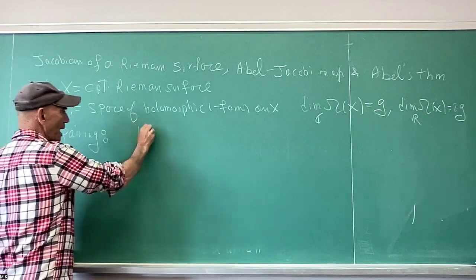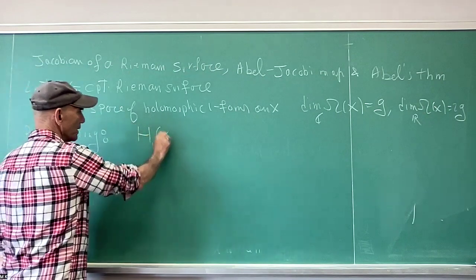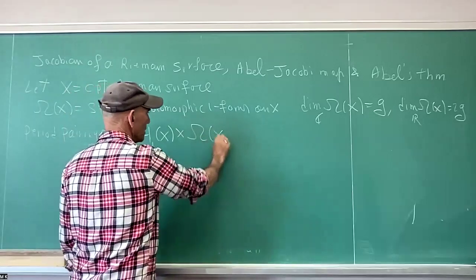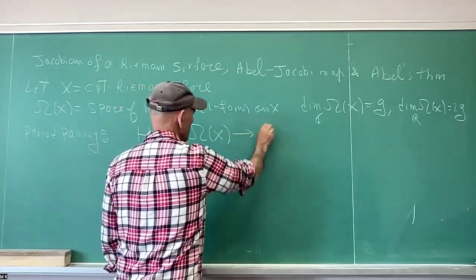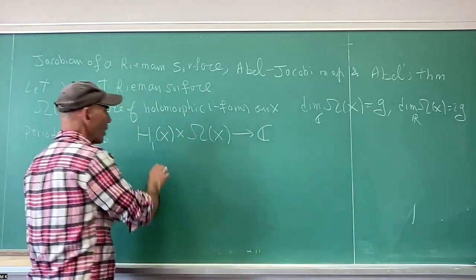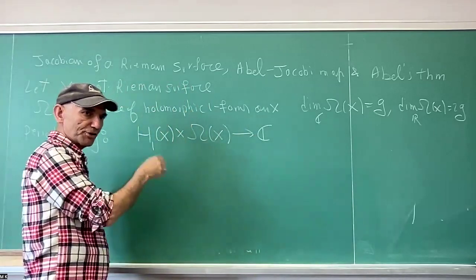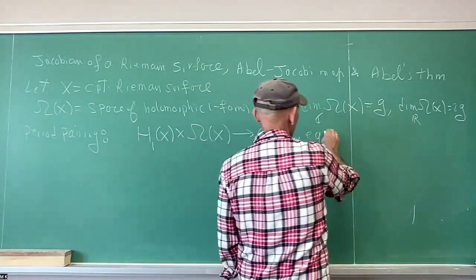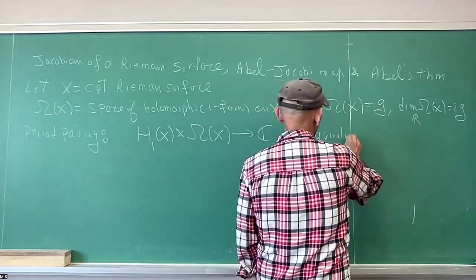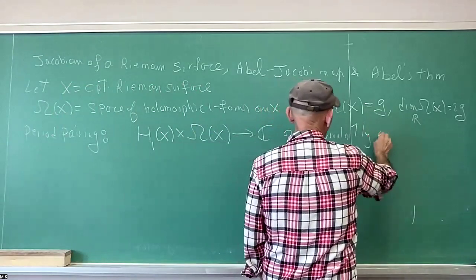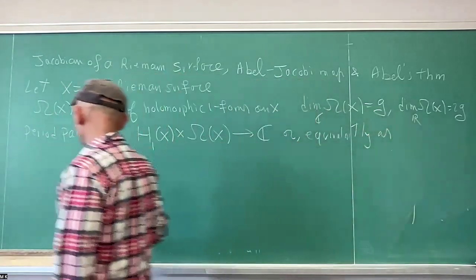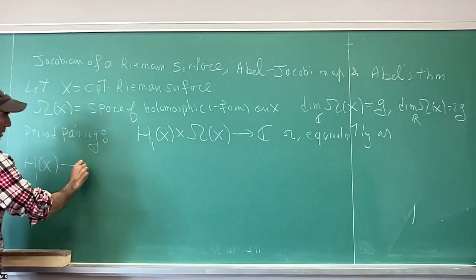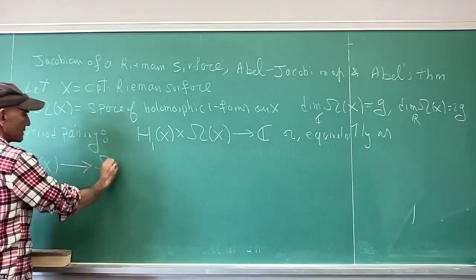We define a map from H1 of X plus omega of X to C. Or equivalently, we can see this as a map from H1 of X going into omega of X dual.